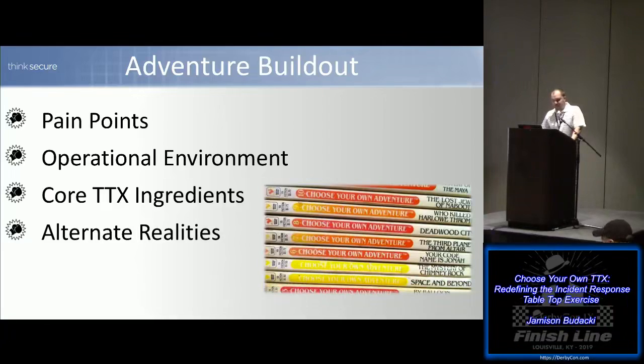And then lastly, we created this notion of alternative realities. If you make a good decision, you'll get a hint, or you will be told some information that helps you along in your investigation. Whereas if you make a bad choice, you may cause more work for yourself and you may not get that hint.